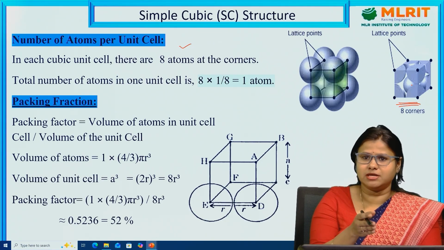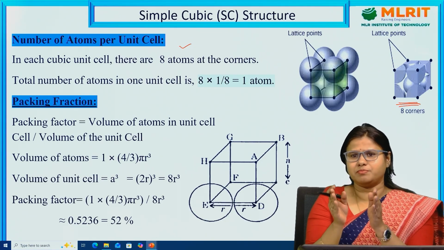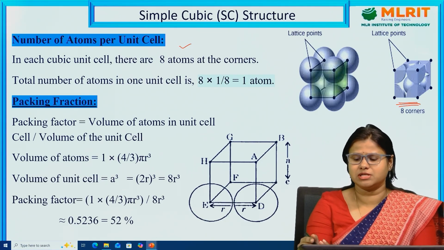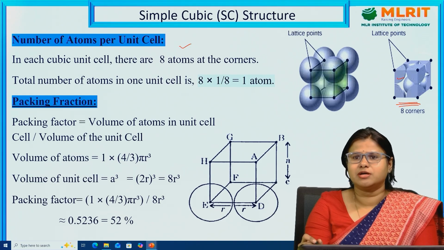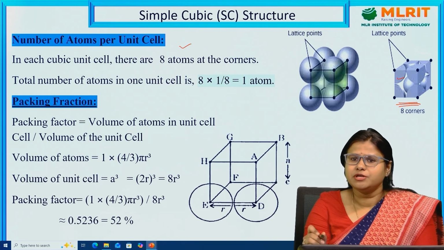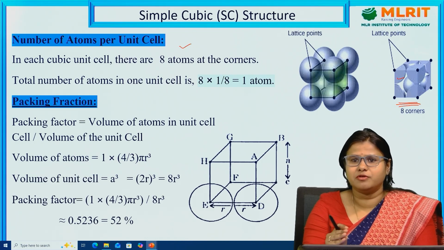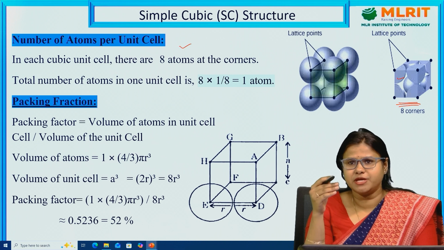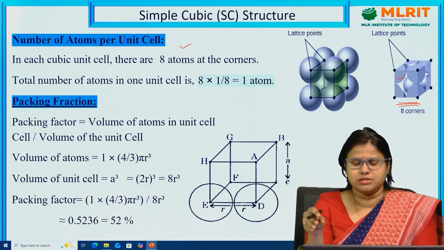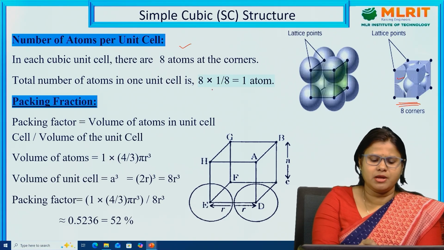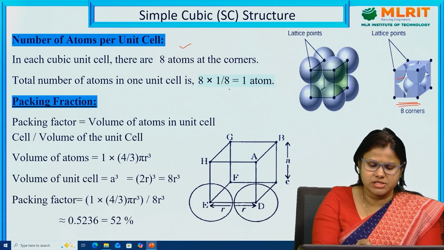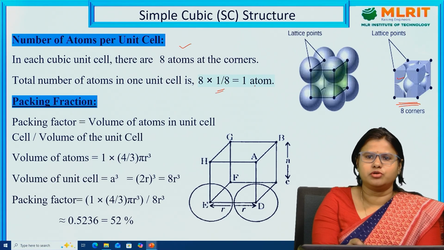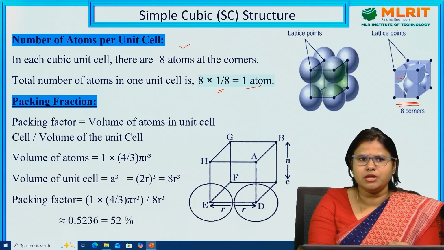If I cut the atoms and keep only the portion inside the unit cell, you can see that all the corner atoms contribute 1/8 to the unit cell. That means 1/8 of a sphere. If we take our atoms in the shape of spheres, then only 1/8 of the sphere is inside the unit cell. That's why, with 8 corner atoms and a contribution of 1/8 from each atom, in total we get 1 atom per unit cell.